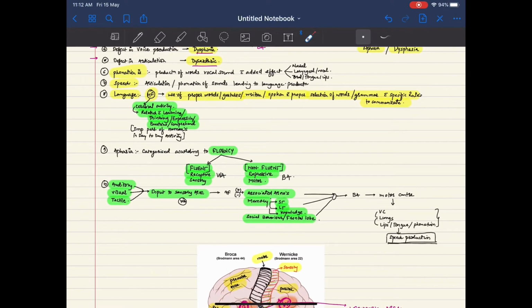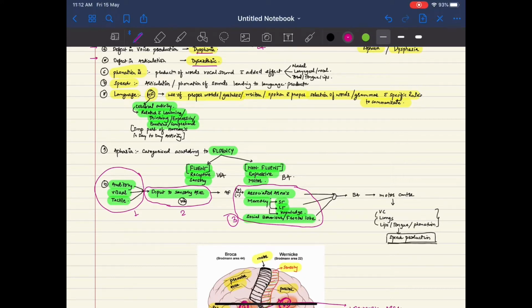So in basic understanding, your audio visual input is nothing but your sensations which you are taking in. It is processed by your sensory area. This sensory area associates with your other parts of the brain, where memory is stored, where your frontal lobe will make some decisions.